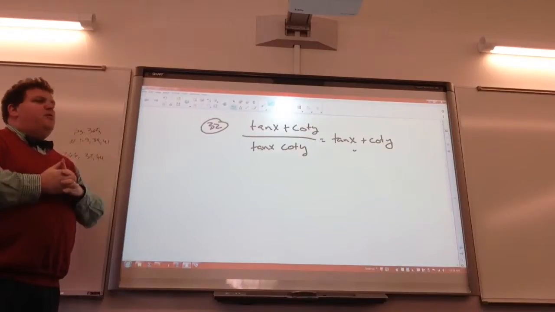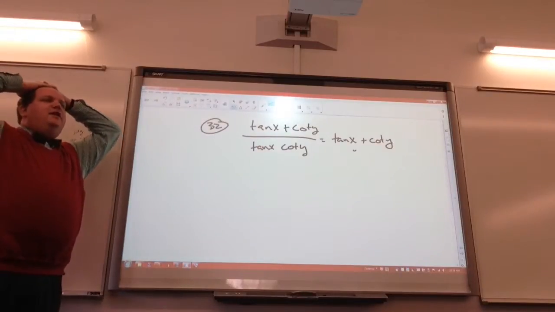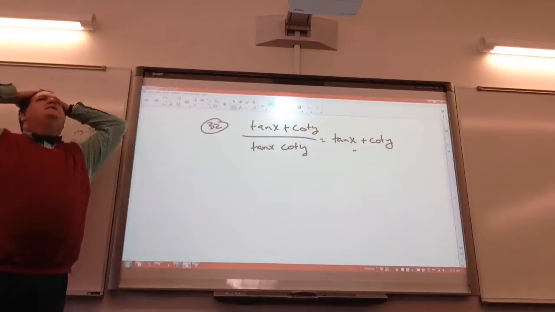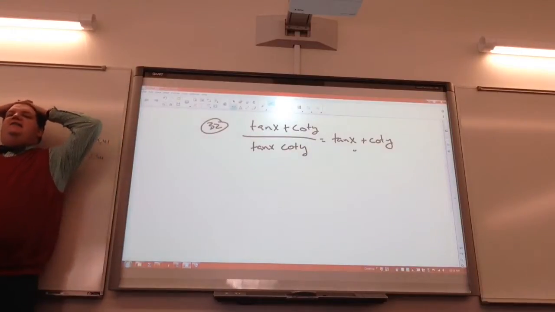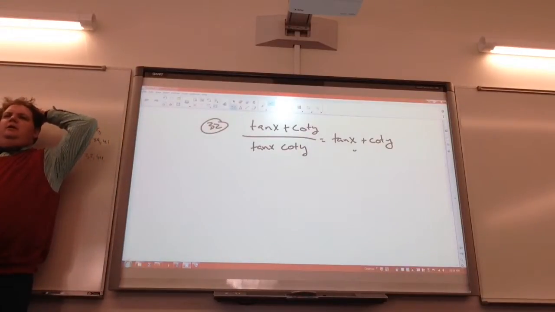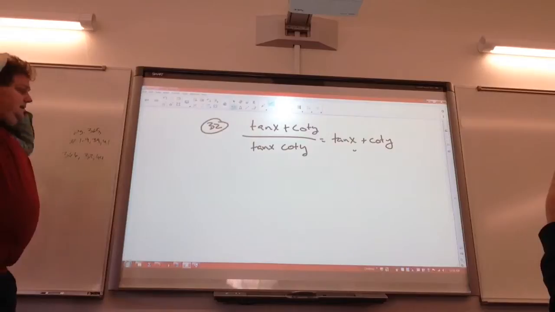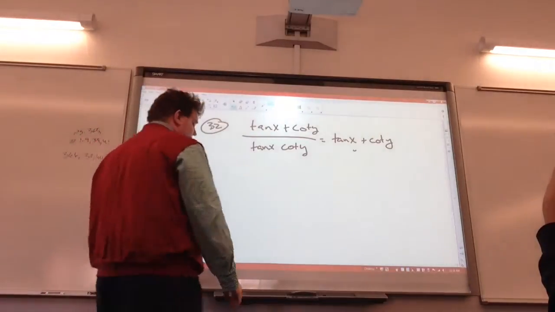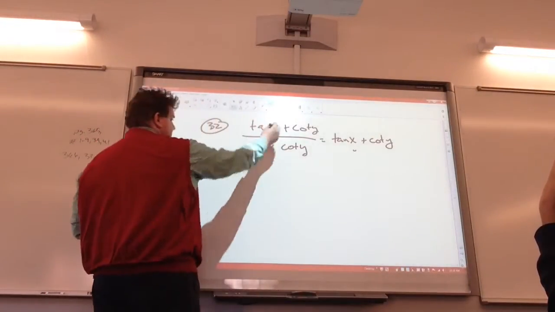What can I do when I have two things added together in a numerator and a single thing in the denominator? I can split into two different fractions, right? So let's do that.